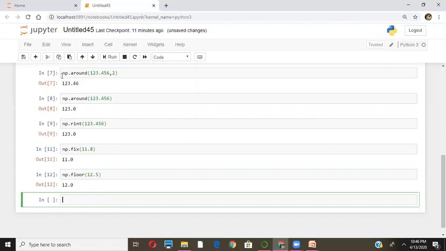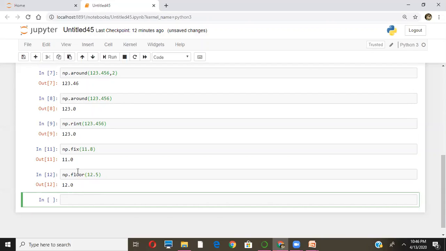In all these cases, what you have to make a note of is, it is returning the integer part, but the output is given in the form of a floating value. The same way here also, the floating value is given as the output.